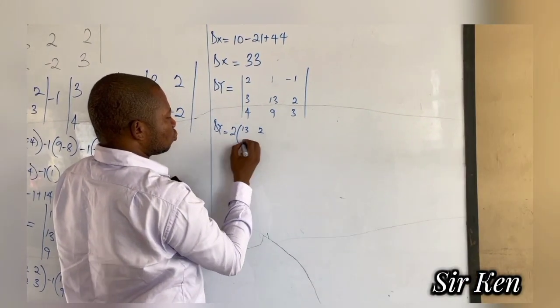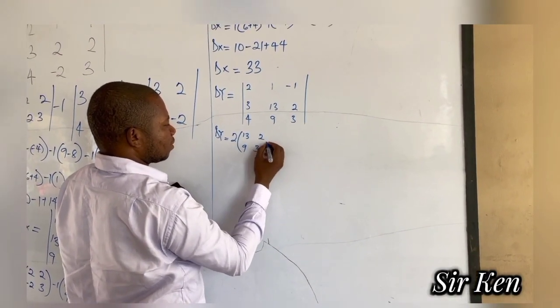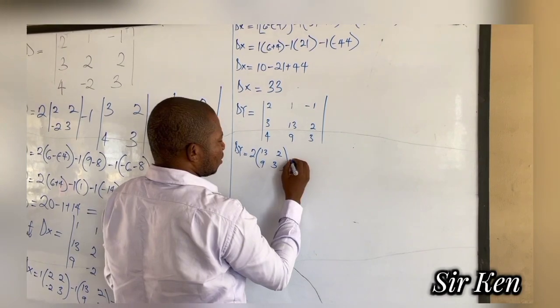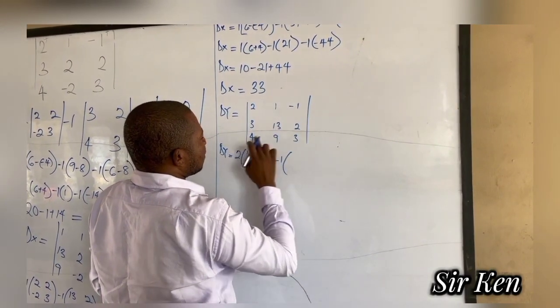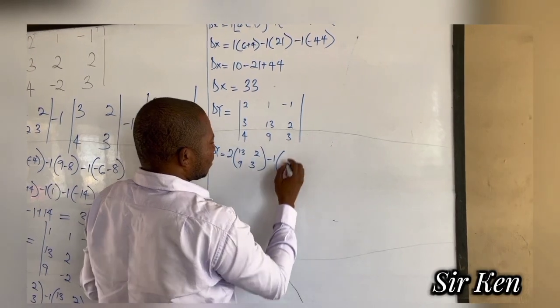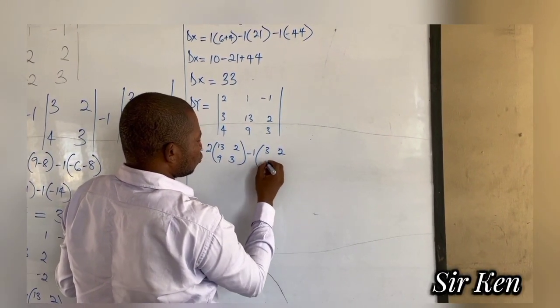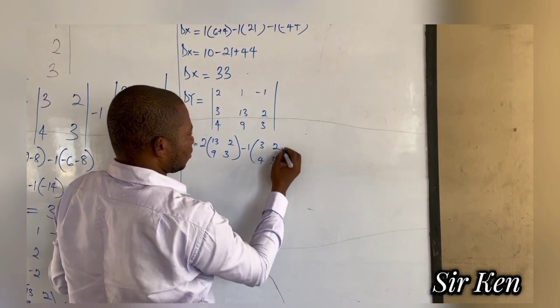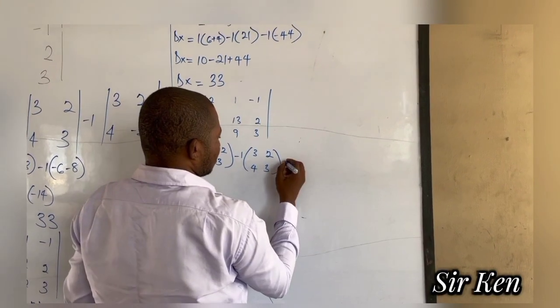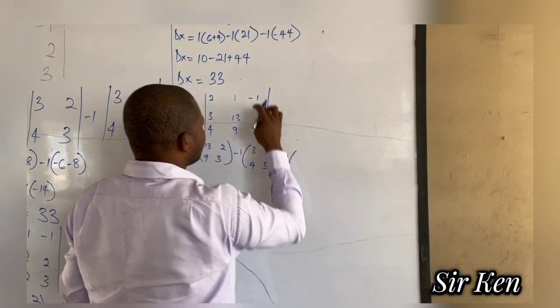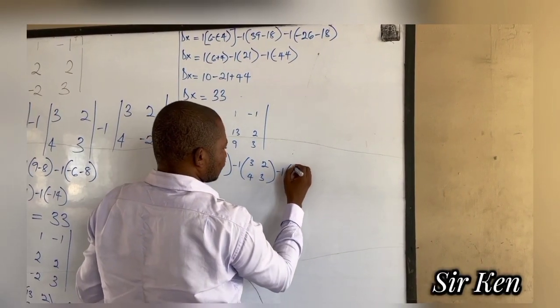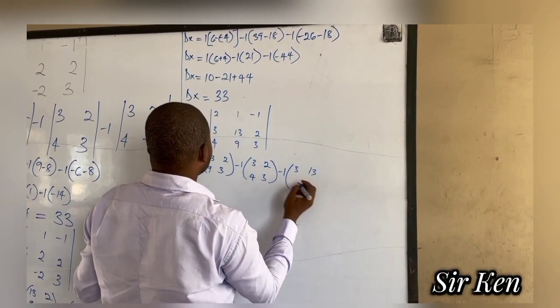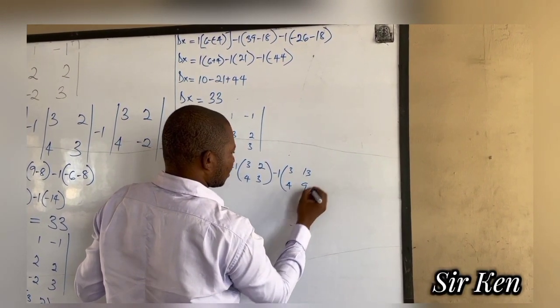Coming here, negative 1, this goes up, so I'm left with 3, 2, 4, 3. Then coming down there, I have negative 1 into, this goes up, I have 3, 13, 4, 9.